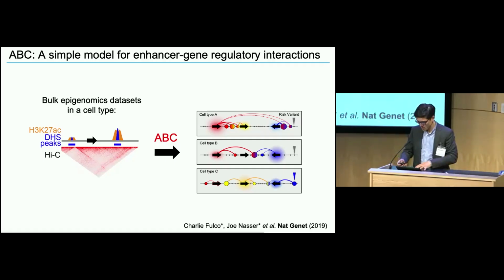The challenge with this model is that it's not 100% accurate, and it relies on these bulk epigenomic measurements that are difficult to acquire in the many thousands of cell types and states in the human body.